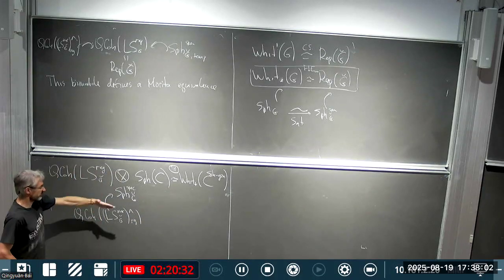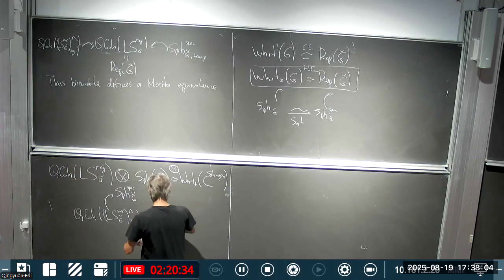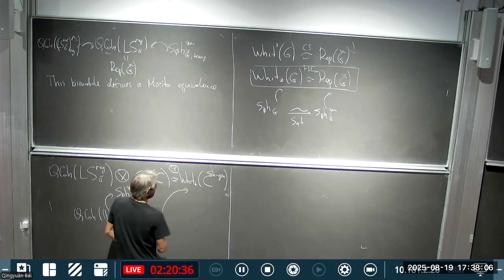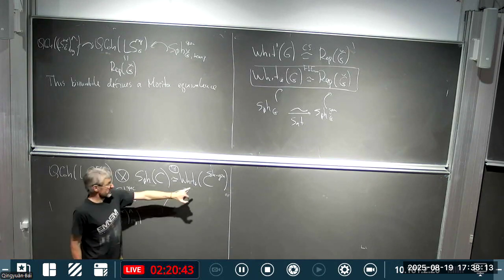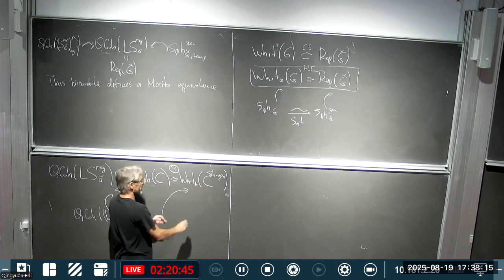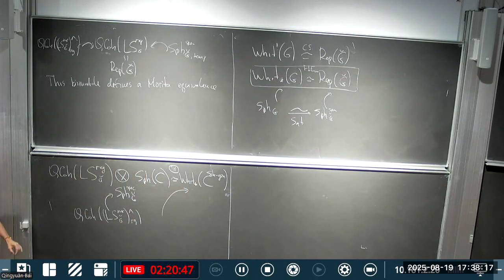So we obtain that if you take a category acted on by the loop group, you could take its spherically generated part, and you could take the Whittaker category, which is acted on by this monoidal category.